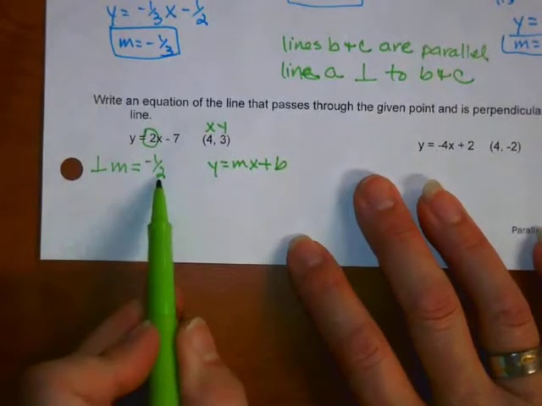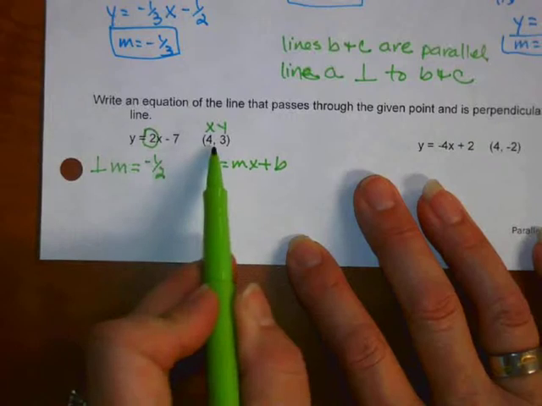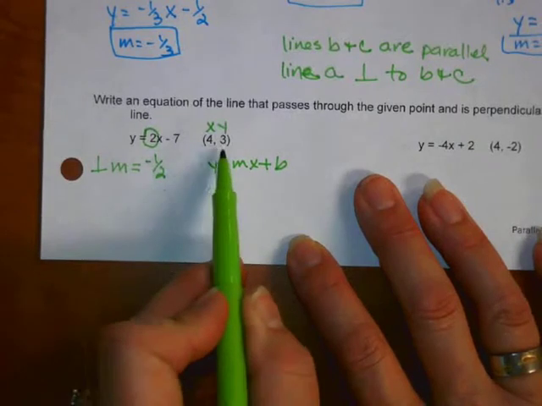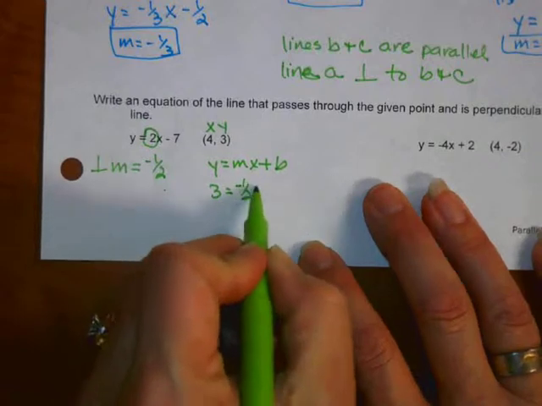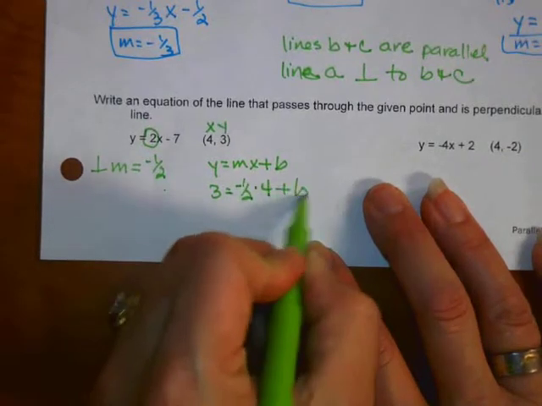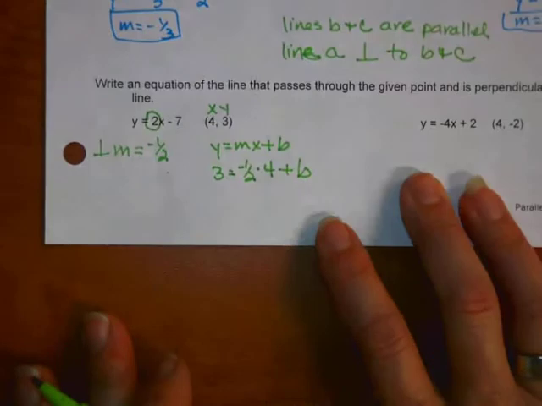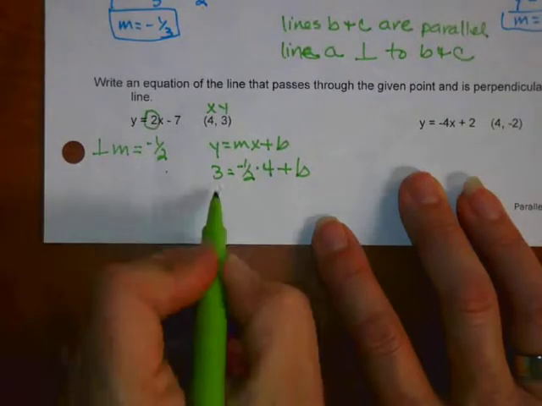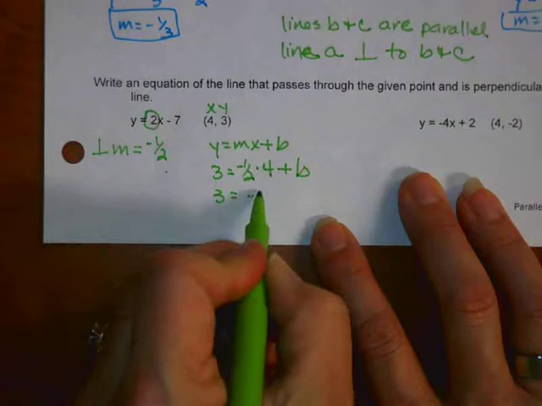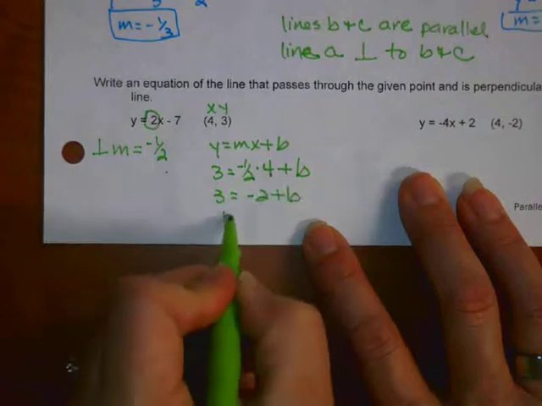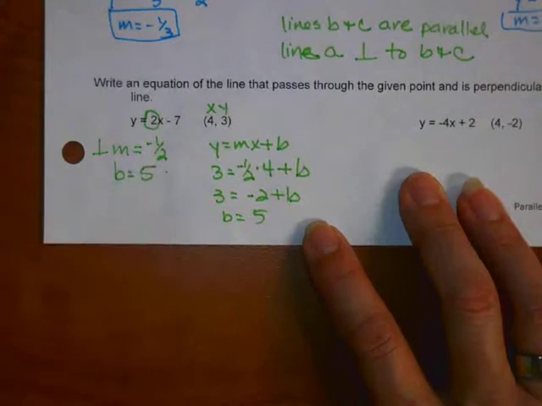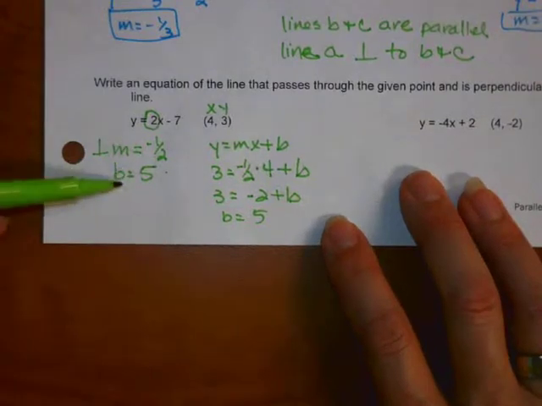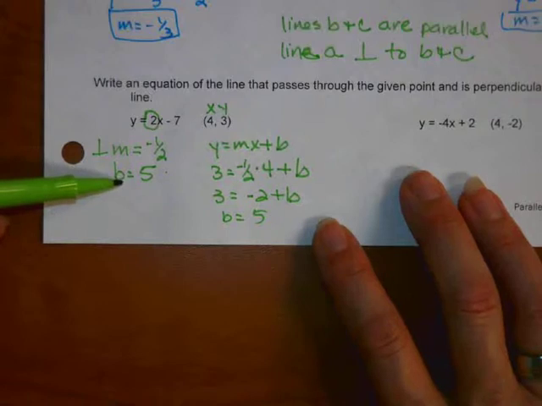I know my new slope, and I know a point on the new line. So 3 equals negative 1/2 times 4 plus b. I got to find b. b equals 5. So I have my new slope and my new y-intercept. And I can write the equation of the line.